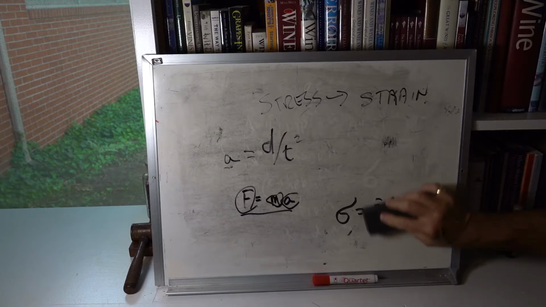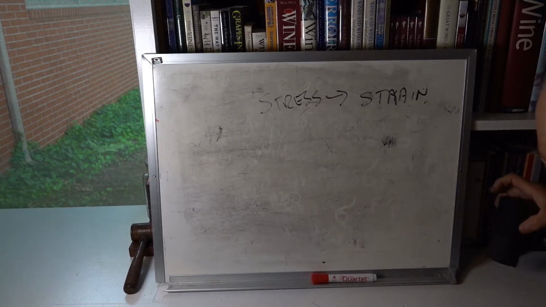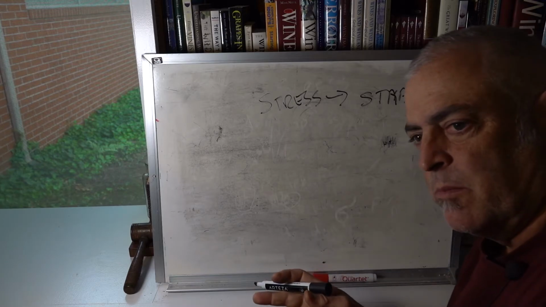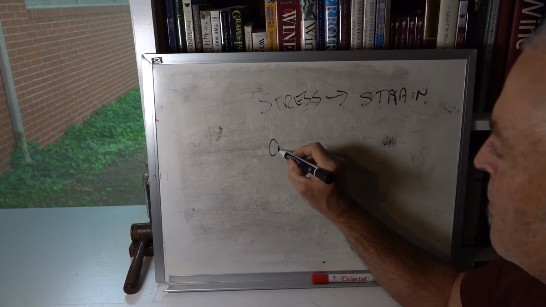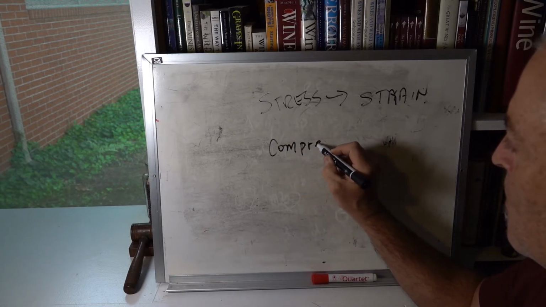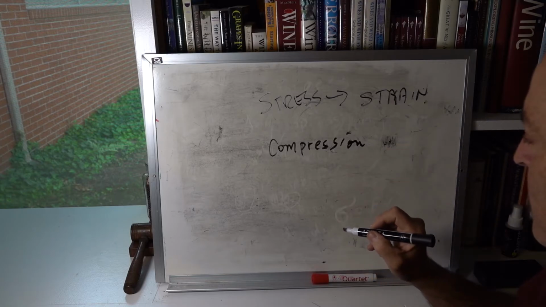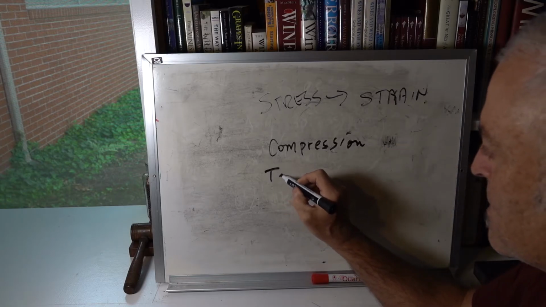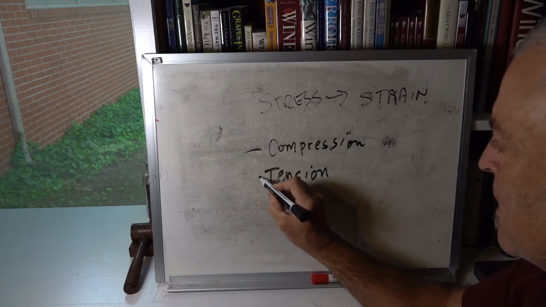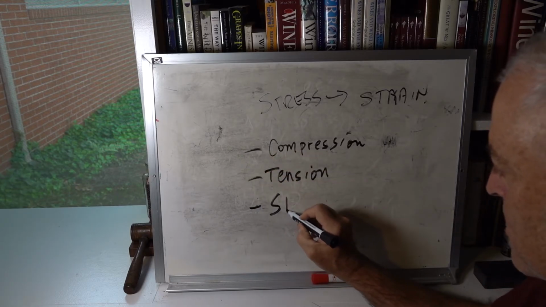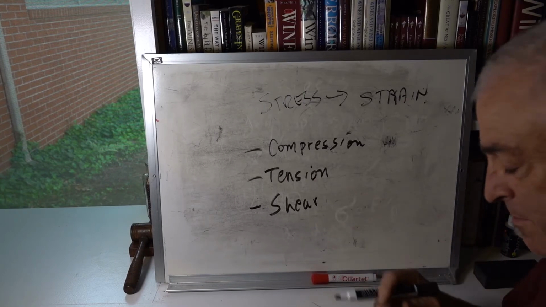We're going to take a look at that a little bit. First of all, I need to tell you about the different kinds of stress. First, you can have compression, one variety of pressure or stress that you can apply to a material. Another is tension. Compression, tension, and shear, actually shearing. So that's 3 of them.